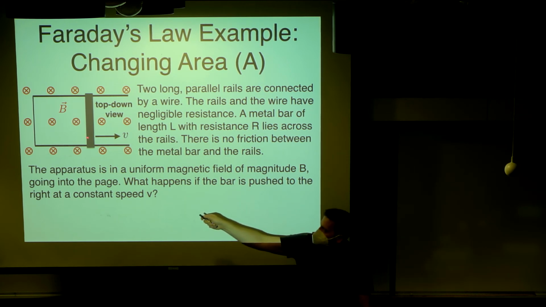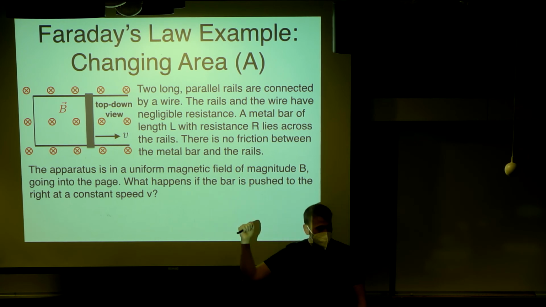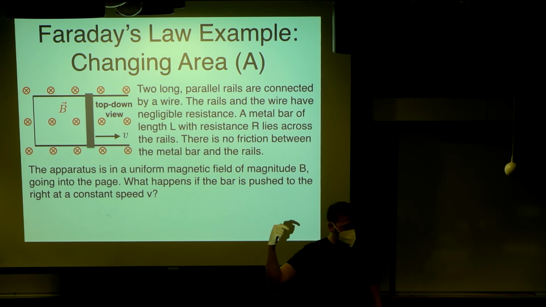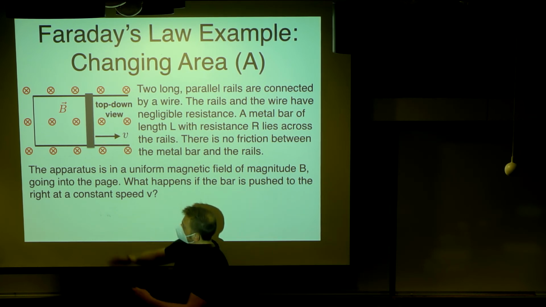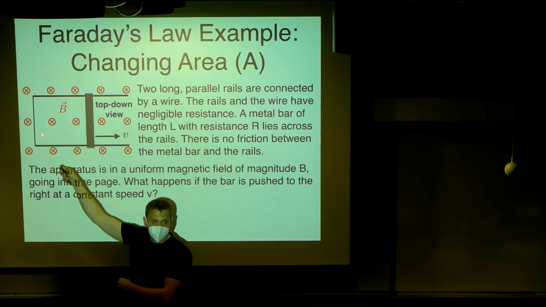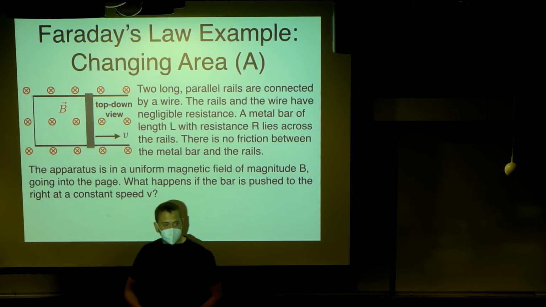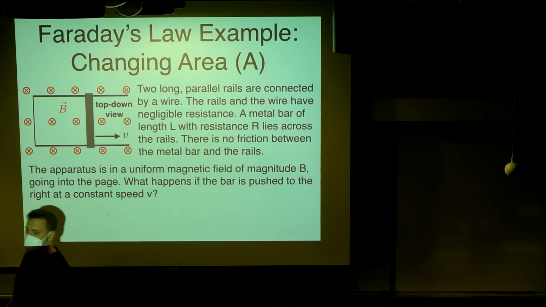All right, let's just go through the steps real quick, right? Okay, if I'm pushing this bar to the right, is my flux going up or going down? Flux is increasing or decreasing? Our flux is increasing, right? Because we have more and more field lines going through this loop as we increase its area, right? So we're increasing flux. What does that mean about our induced B field? It's got to be opposite this guy, right?